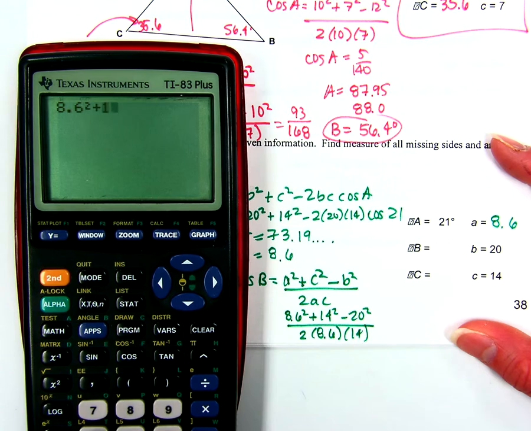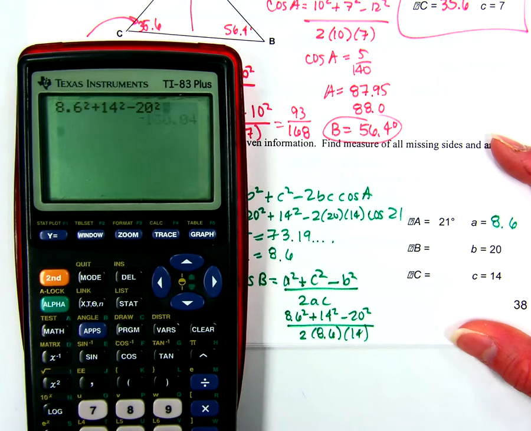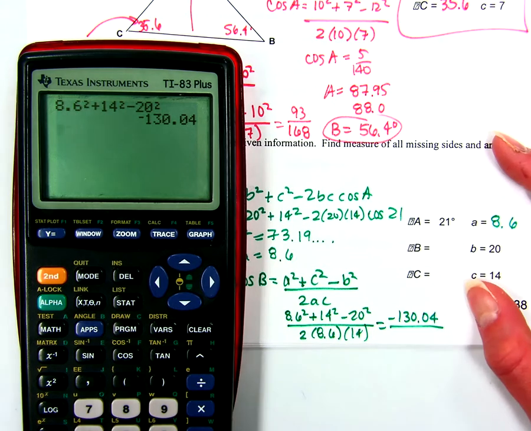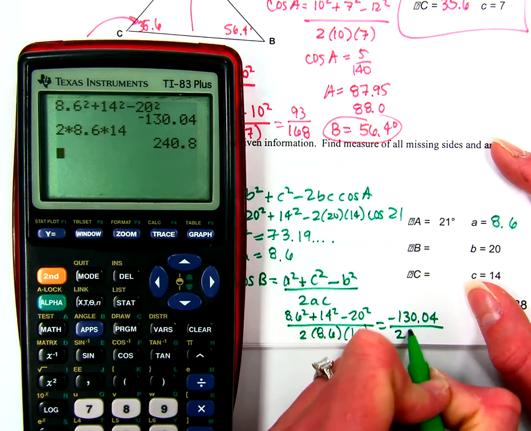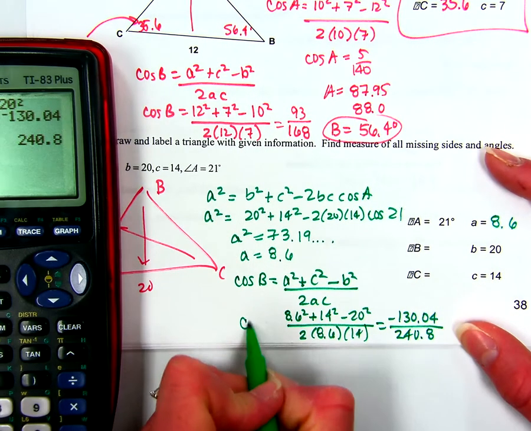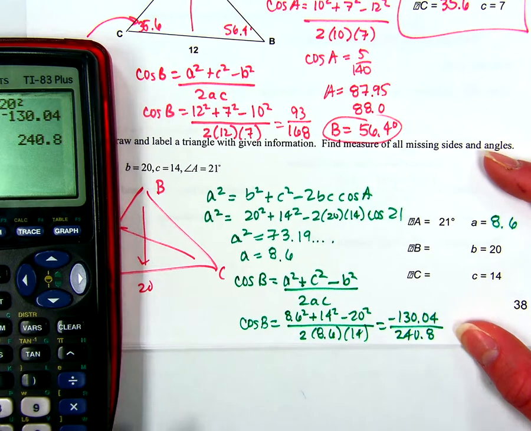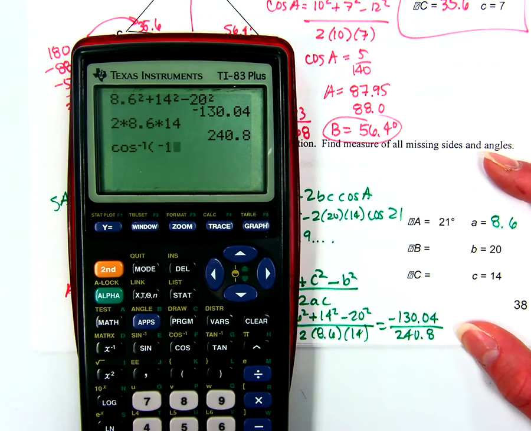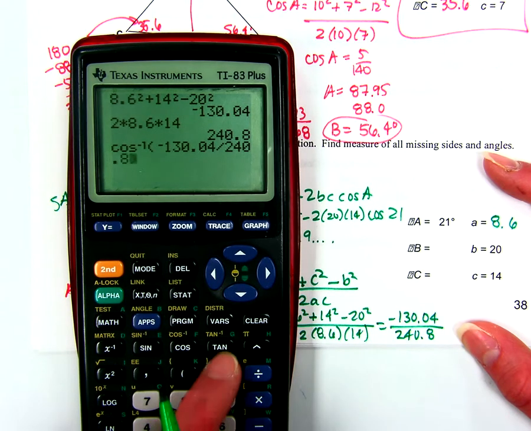Now I'm going to get out my calculator. 8.6 squared plus 14 squared minus 20 squared gives me negative 130.04. 2 times 8.6 times 14 gives me 240.8. That's not angle B, that's cosine of B. So remember, if you're finding an angle, you want to do inverse cosine of negative 130.04 divided by 240.8.